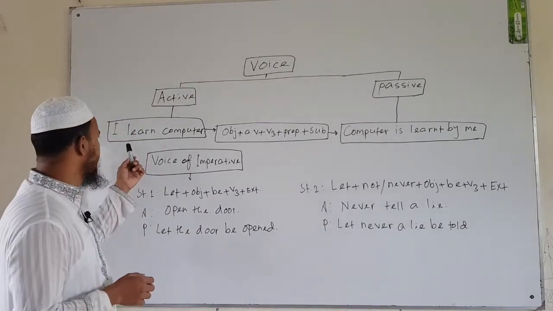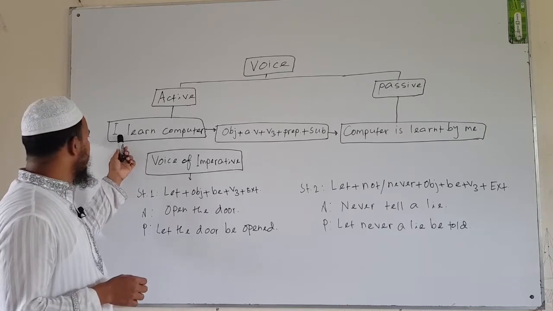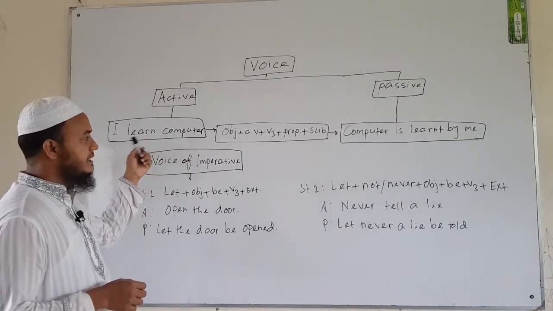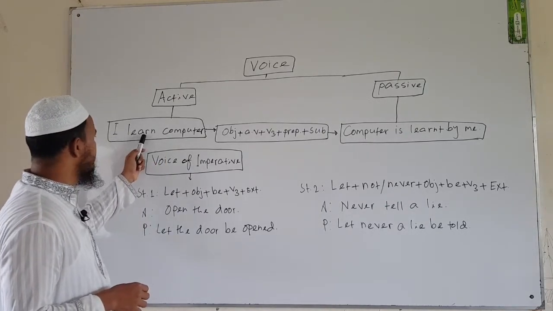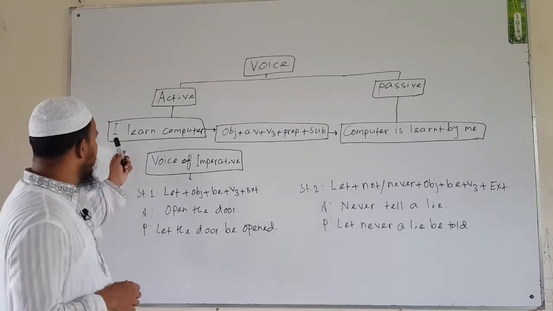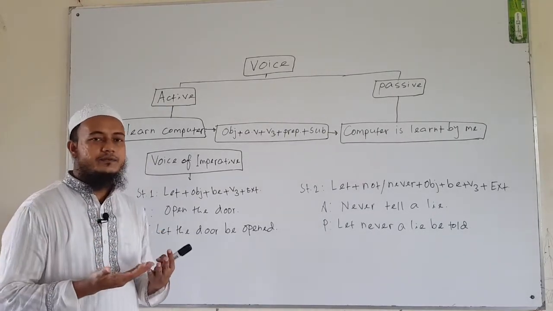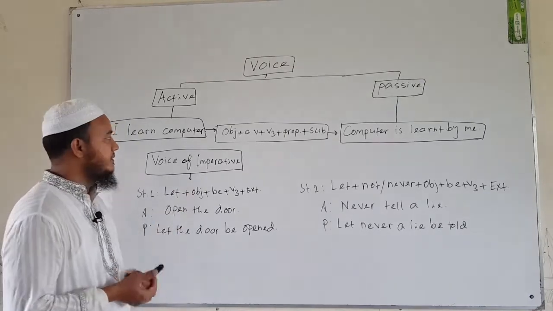Well, this is active voice because here I is the subject and I is performing the action of the verb learn directly. So this is active voice, okay, because here the subject performs the verb action directly. For example, I myself am learning computer. So here I am doing my action directly. So this is active voice, okay.